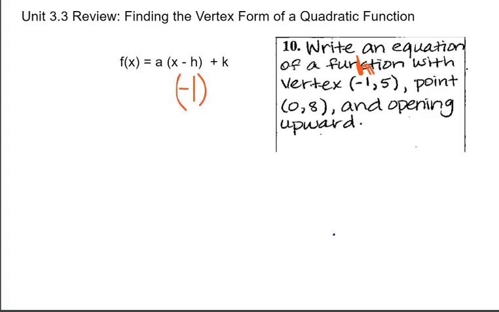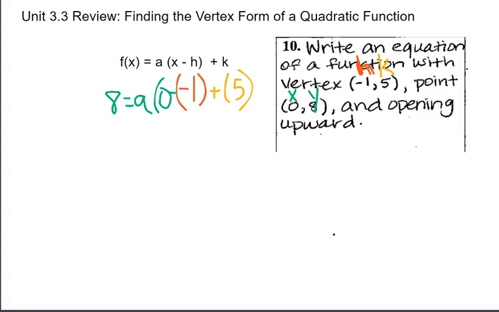My K, because this is my vertex, is going to be 5. And the point, this is my X value and this is my Y value. So I'm going to plug in 8 for the Y, and I'm going to plug in 0 for the X. So the only thing I don't have here is the A.